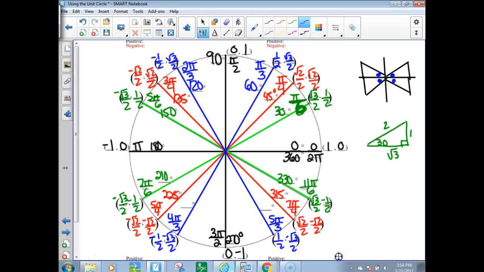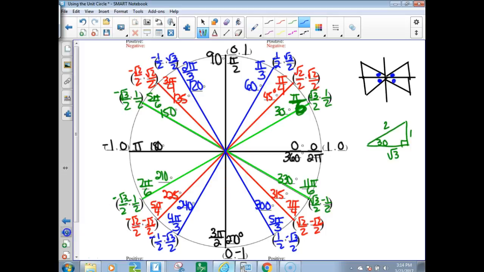We're done. Oh, I didn't do the degrees on my last one. Okay, 60 down from 180 would be 240, and 60 down from 360 would be 300. Good way to think about it, to keep on thinking reference angles from the x-axis.